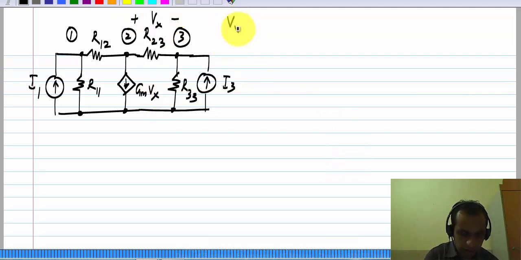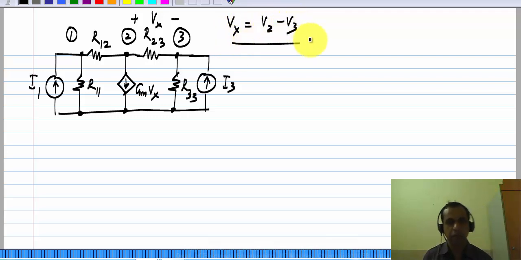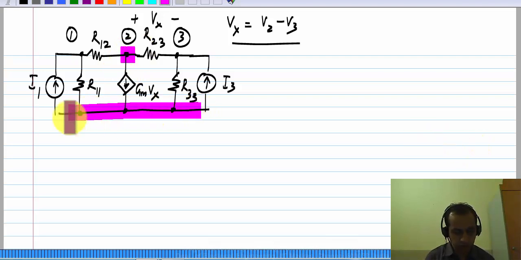So Vx is basically V2 minus V3. First of all, it's obvious that this current source appears only in the equation for node 2 because it's connected between node 2 and the reference node. I have chosen the same reference node as I have previously done. So the equations for nodes 1 and 3 will be exactly the same as before.